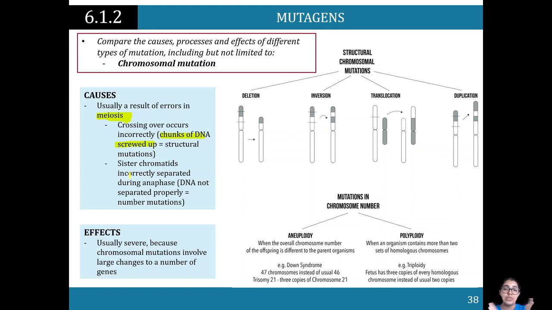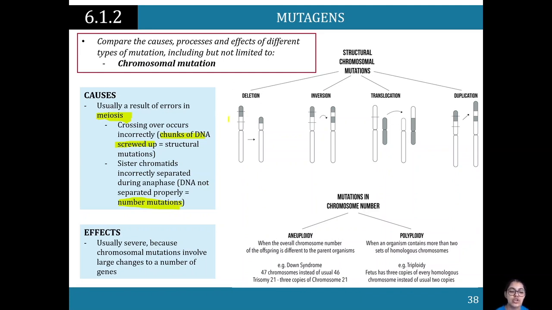If there's an issue with separation, they may not be separated, or they may be separated to just one side, and that can lead to an uneven number of chromosomes, which is a mutation in chromosome number. The effects of this are usually more severe than point mutation, because the whole chromosome is affected, so it can affect a number of genes.